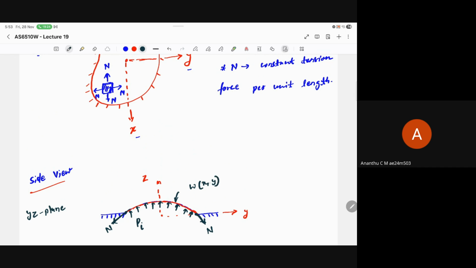So this is the displacement of membrane in z direction.